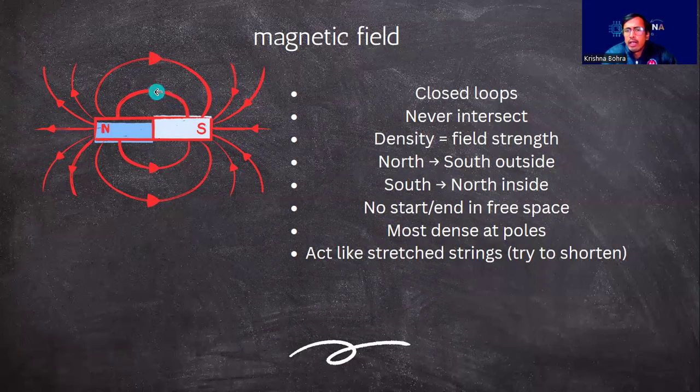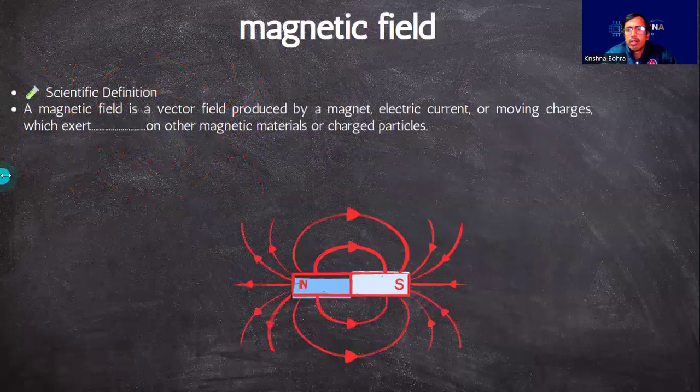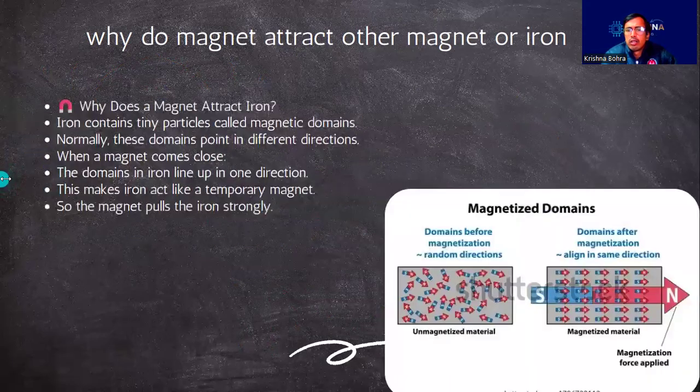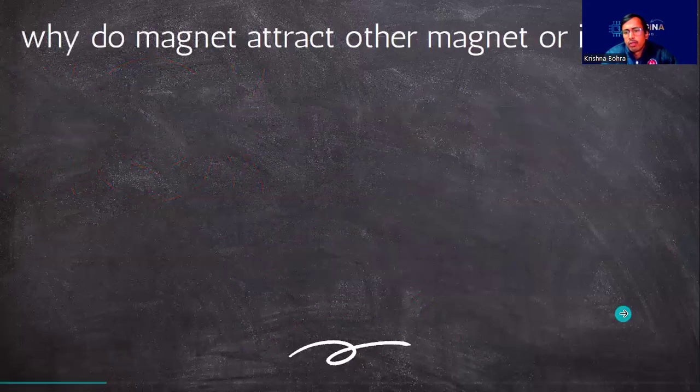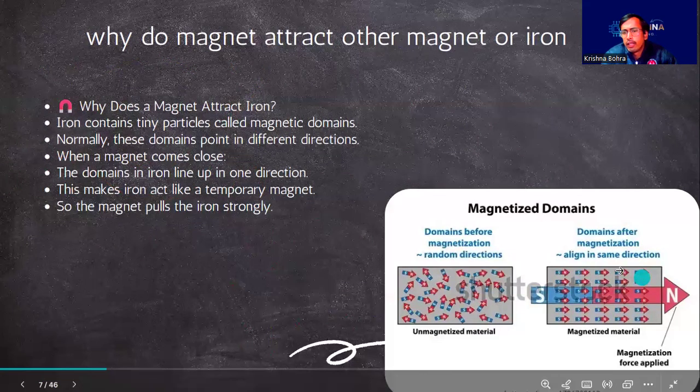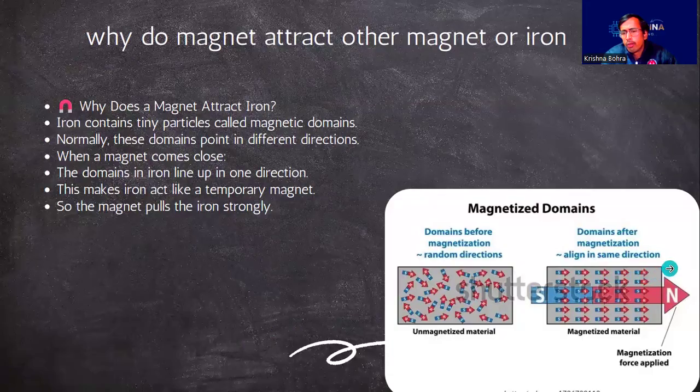If they intersect, it would mean there are two directions, and it is not possible for a magnet to have two directions. If it has two directions or random directions, it will not be a magnetic substance. If you remember the magnetic domain alignment from the initial part, the domains are aligned and directing in one particular direction.